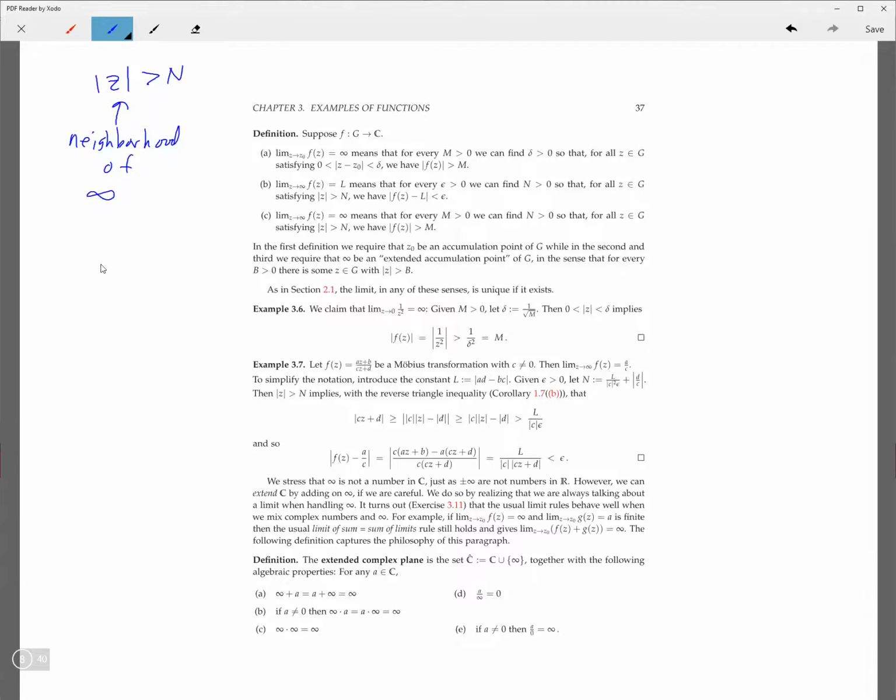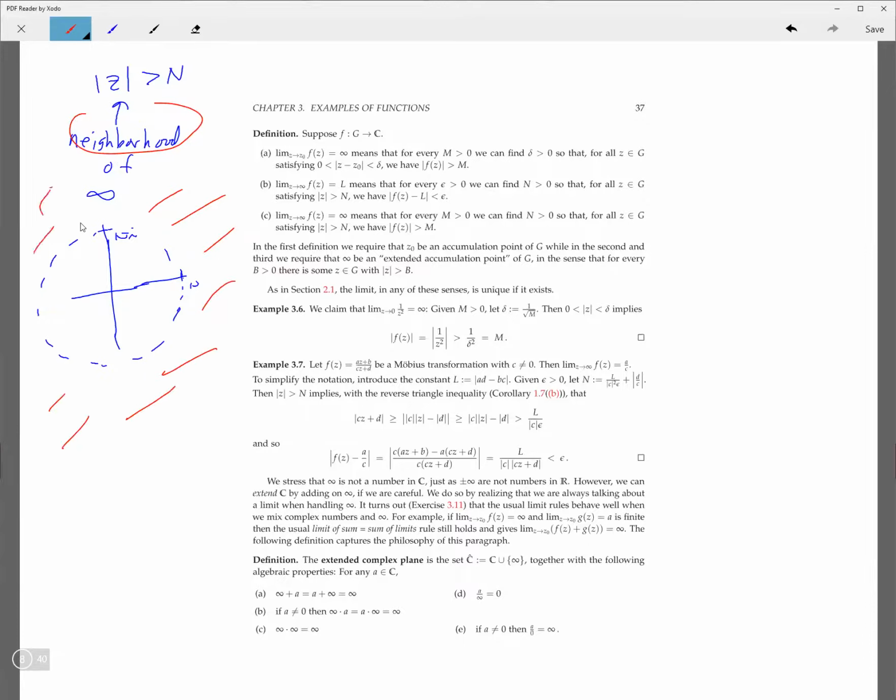Neighborhoods of infinity actually look like this. N is typically some really big number, a really huge number. And that's N. Then you're going to have this big disk here, and a neighborhood of infinity would be everything outside this disk. Kind of a big neighborhood, right? But that would be a neighborhood of infinity, everything outside that.